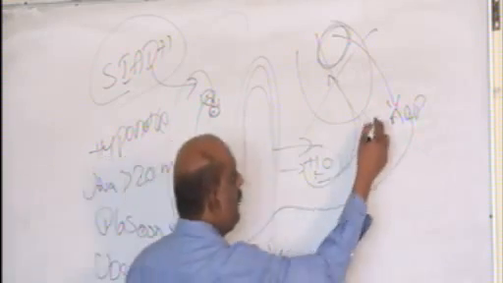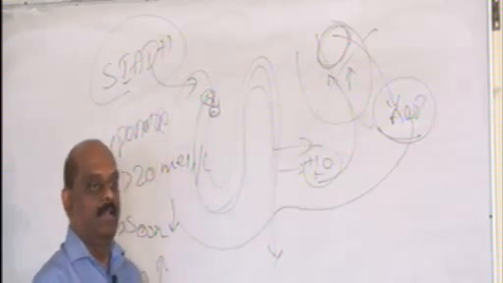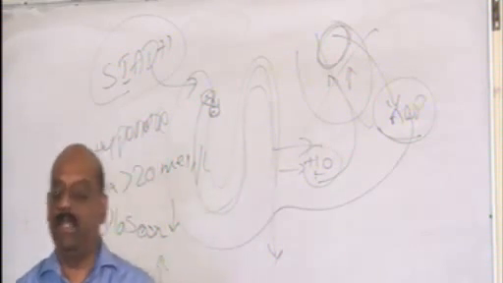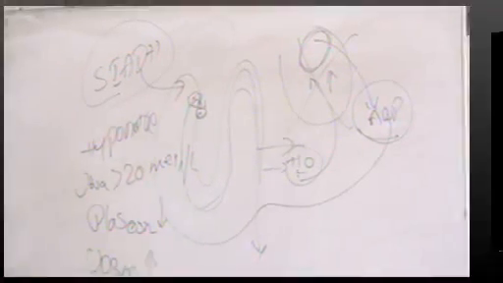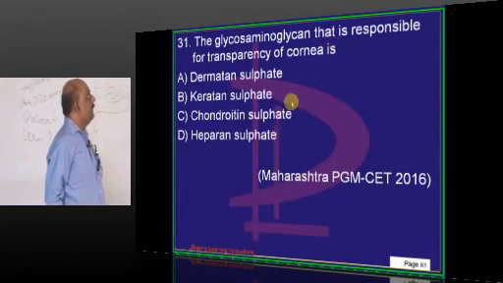So the stimulus for the production of ANP is plasma volume expansion, not hypovolemia. That is what you need to appreciate. Once more, SIADH is a favorite topic of the examiner.